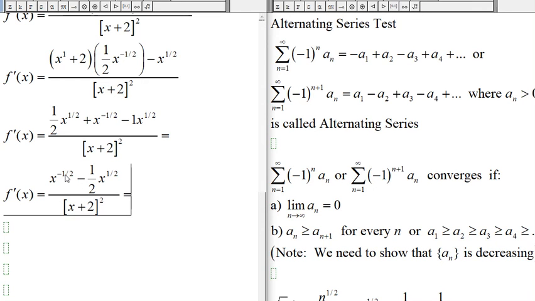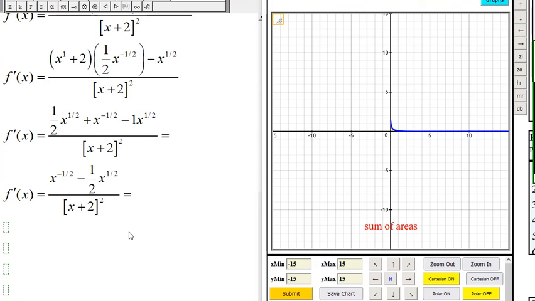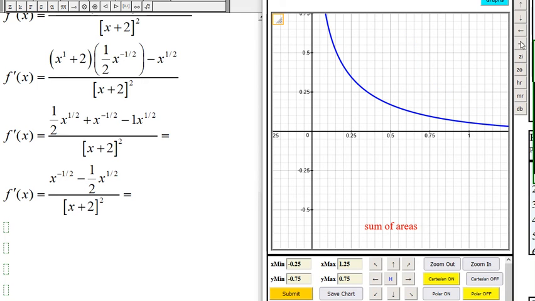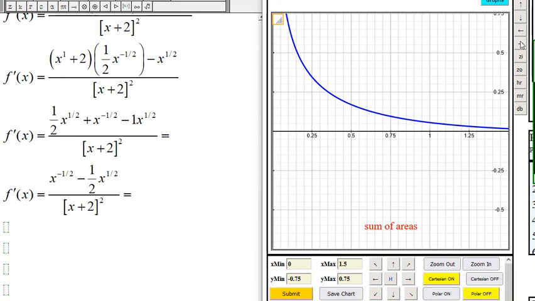And if we graph this derivative function right here, this is what the graph looks like. And so we zoom in a little bit. And so we are interested in the x from 1 to infinity.